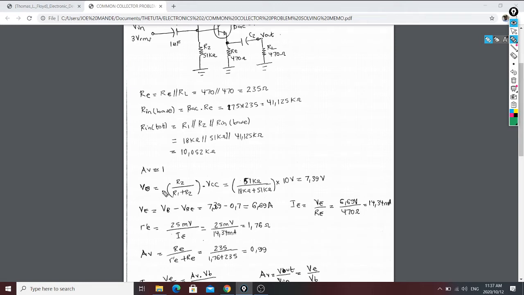Okay, so now we come here, we get our V base, you get your V emitter, and then you get your I emitter. You get the value of your I emitter, you substitute to get your internal emitter resistor. Okay, and then now you can apply the average voltage of your common collector, and the answer you get, you can see that it's basically equal to 1. That's why we say with a common collector the average voltage is close to 1.